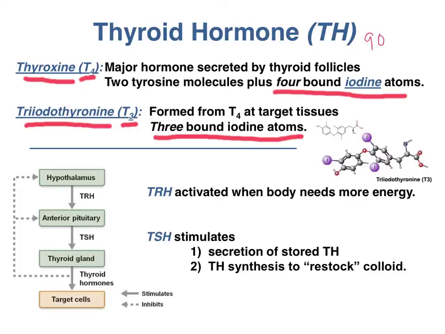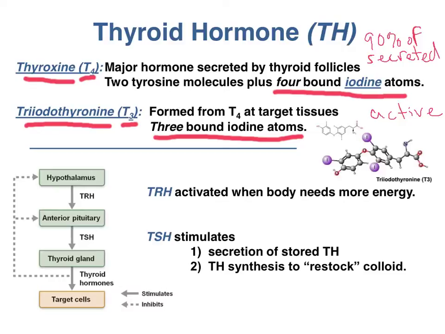About 90% of the secreted thyroid hormone is thyroxine, or T4, but T3 is the active form. Circulating T4 gets converted to T3 in the liver and kidneys. This is why patients with liver problems may develop symptoms of hypothyroidism. They can't convert T4 to the active T3.